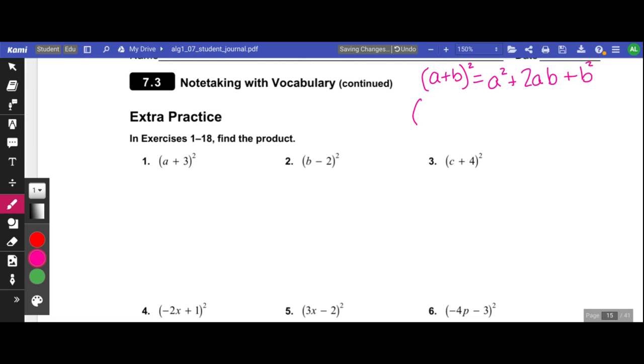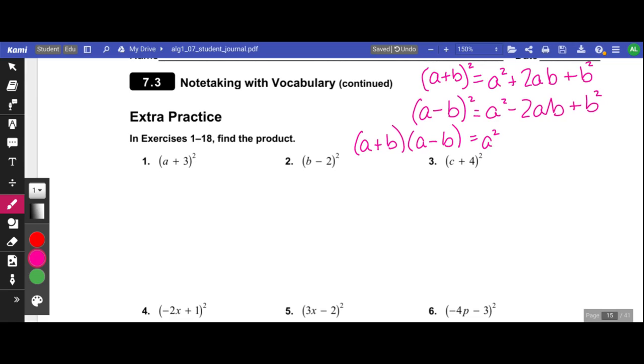Or I get a minus b all squared, and it's exactly the same, except I know I'm subtracting that 2ab. Okay, still adding that b squared. Or I could get that a plus b, a minus b, and I know that's just going to be a squared minus b squared. Right? So let's look at a couple.